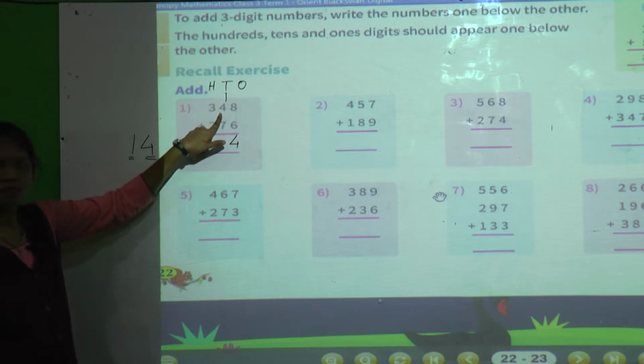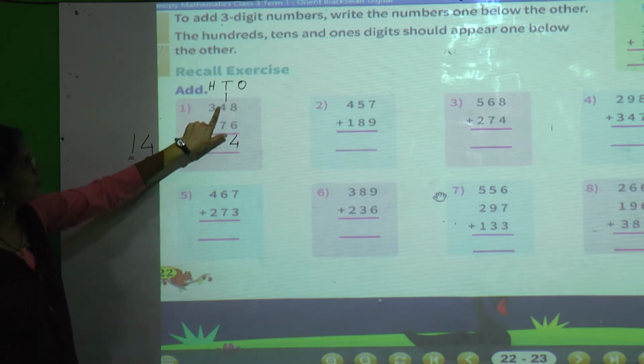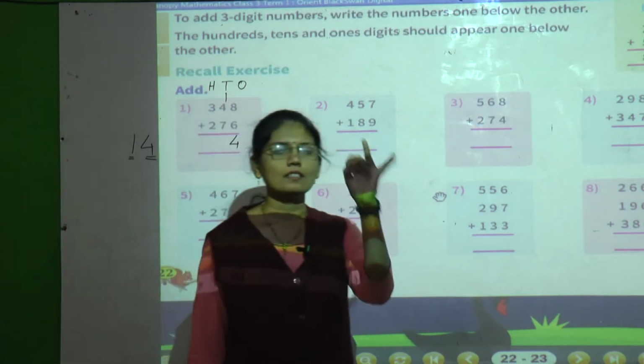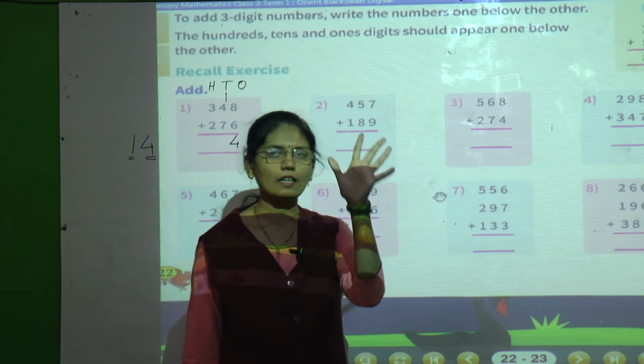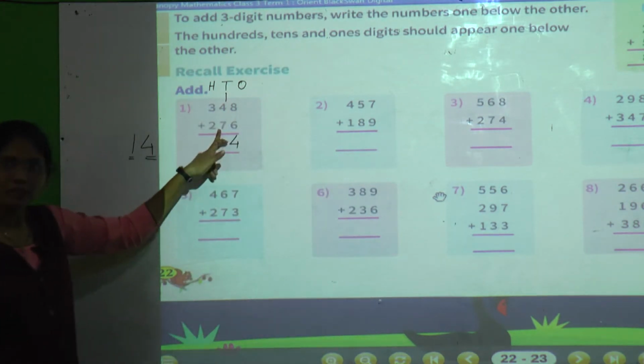Now for this, keep 4 in your mind. 7, show your 7 fingers. Okay. Now after 4 count your 7 fingers. 5, 6, 7, 8, 9, 10, 11. So 4 plus 7 is 11.